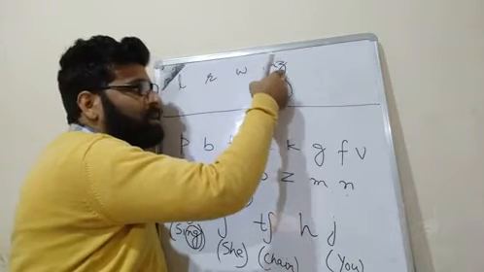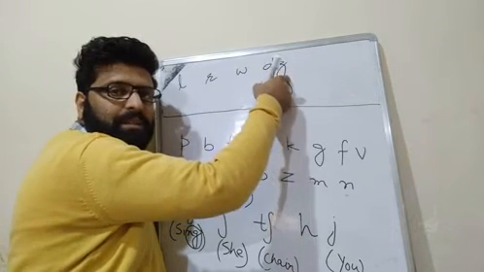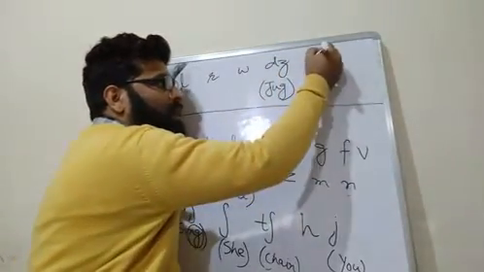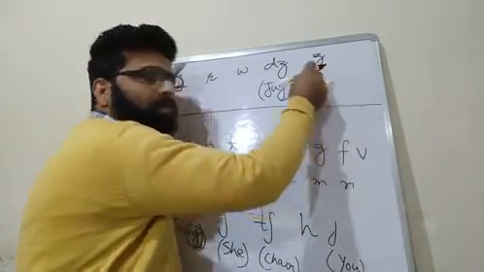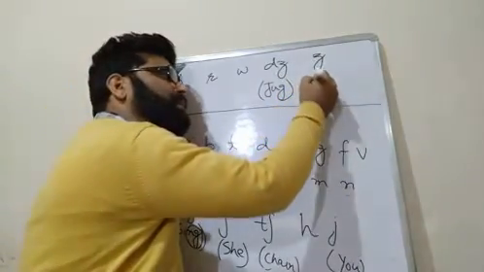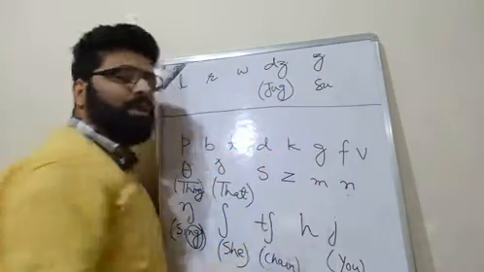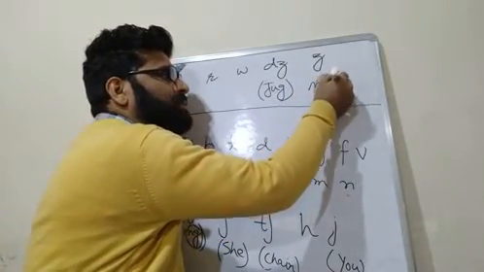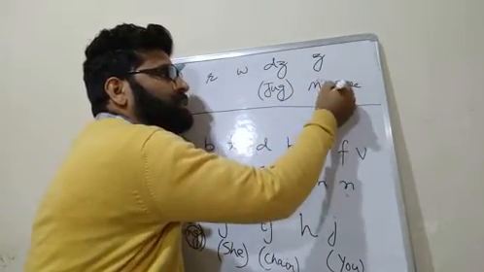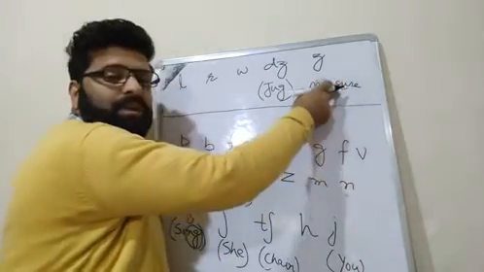First small d, then small z. This is the j sound, and this is also j. But this sound is used when s-u gives the sound of zh. For example, major. In the word major, s-u gives the sound of zh.